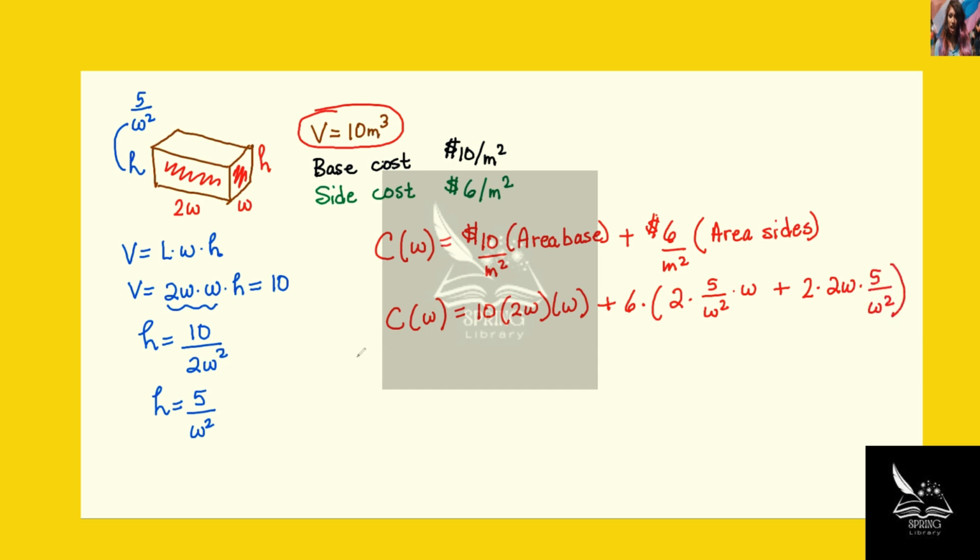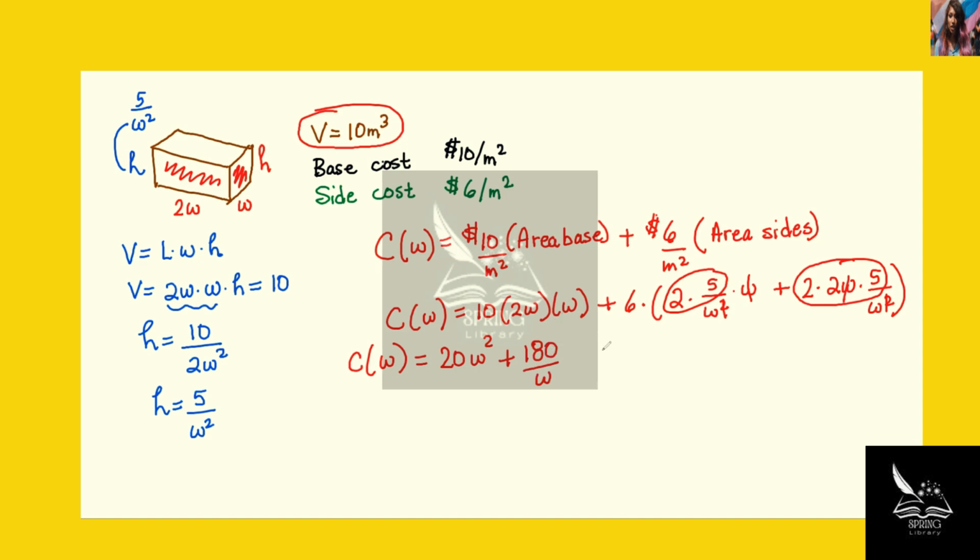All right, so let's clean this up because we want to take the derivative, and we might as well do it when it's cleaner and not messy. So this first term is 20w squared. And if I look inside the parentheses on the right, one of the w's cancels for each part. Then I have 10 plus 20, that makes 30, and 30 times 6 is 180. So I get plus 180, and we still have that w on the bottom.